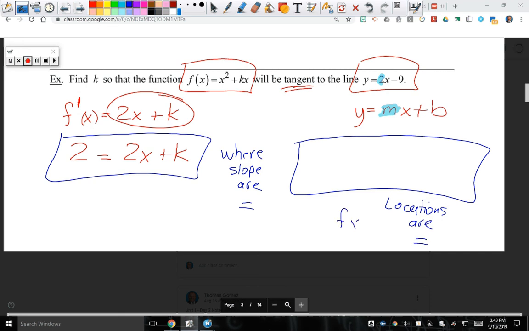So this is where the f of x's are going to be equal. This is where the f prime of x's are equal. So I'm going to take y, aka f of x, and I'm going to plug it right here.